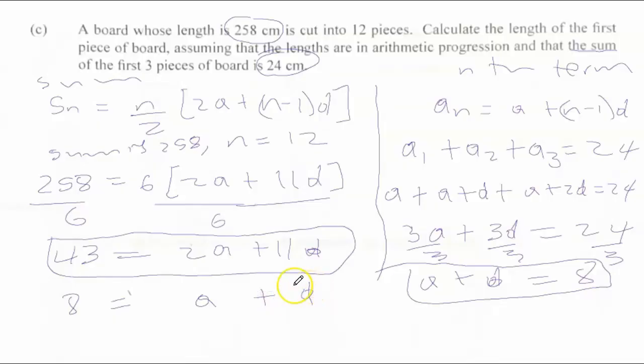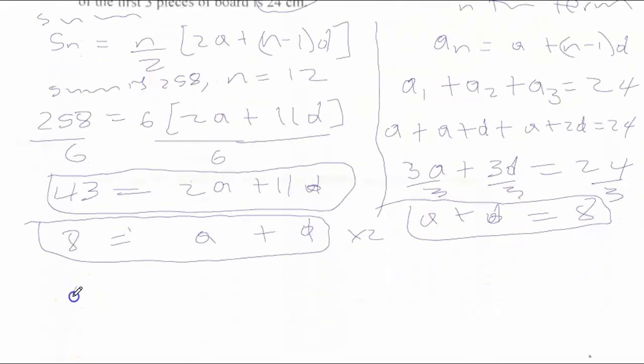We can use the elimination method to solve this. We can just multiply the second equation by 2. So we have 43 equal to 2a plus 11d. Multiplying the second equation by 2, we get 16 equal to 2a plus 2d.